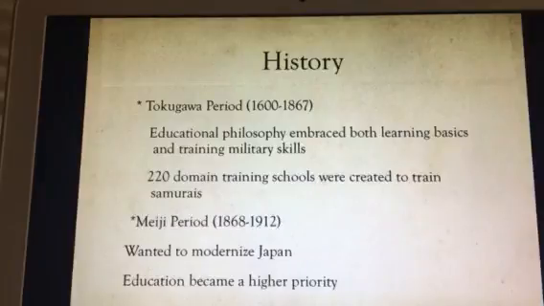The educational philosophy at this time embraced learning basics, which included math, social studies, science, and language arts. They also incorporated training military schools. They wanted to educate young and inspiring samurais.